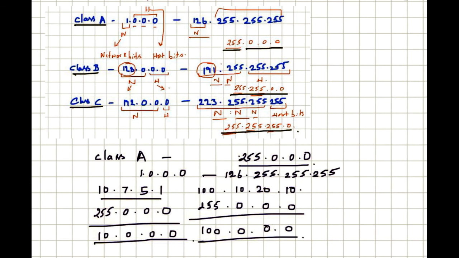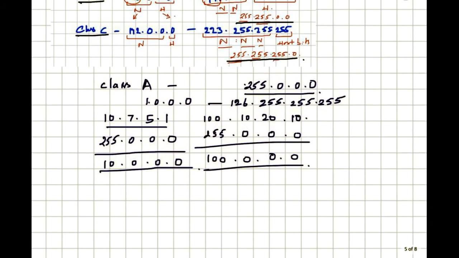So whatever the IP within this range of 1 to 126, there is only one network. And for the number of hosts, in this subnet mask this is the network part and this is the host part.